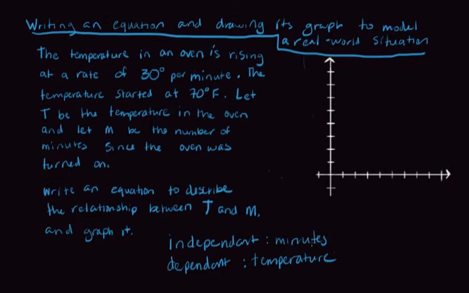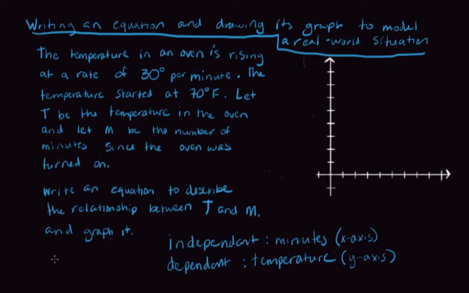And we typically graph our independent variable on the horizontal or the x-axis. So we're going to use our x-axis for the minutes, and then we're going to use the y-axis for the temperature.